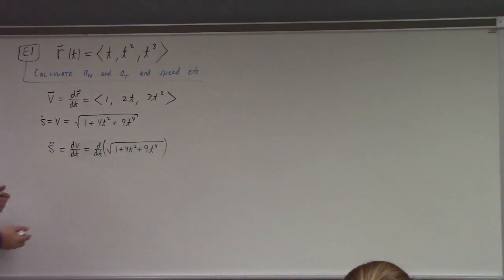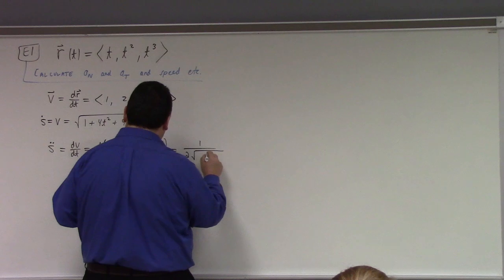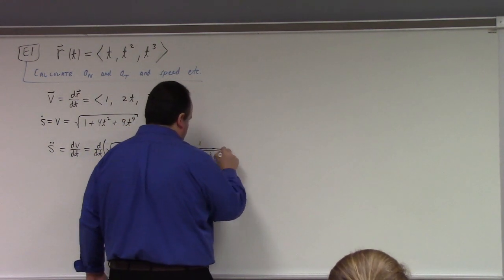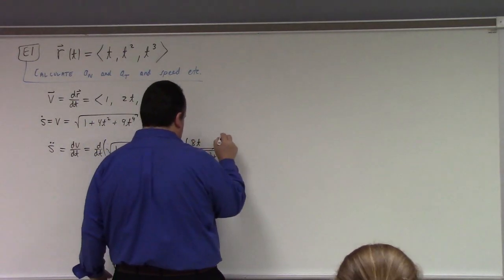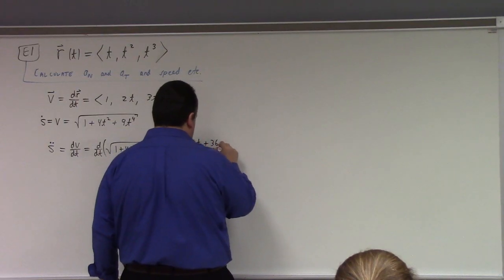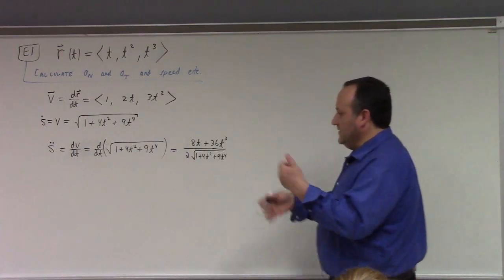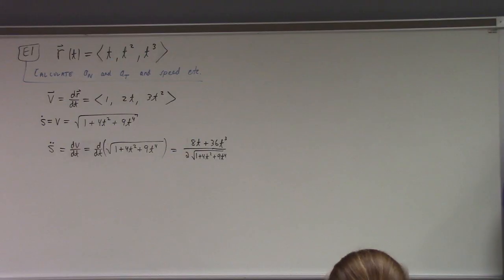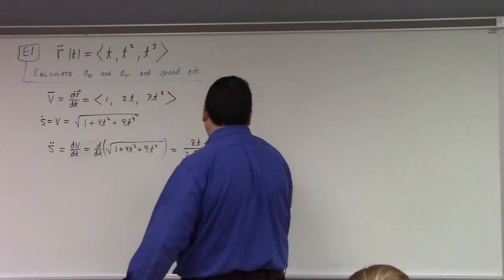So we've got 1 over twice the square root, and then we have to multiply upstairs by 8t plus 36t cubed, I think. You could cancel the 2 out and simplify a bit, but I'm just going to leave it. That is the tangential component to the acceleration. There you go, that is a sub t right there.